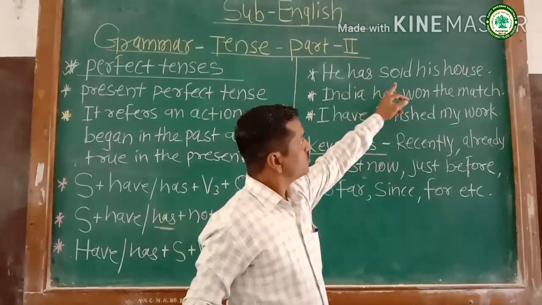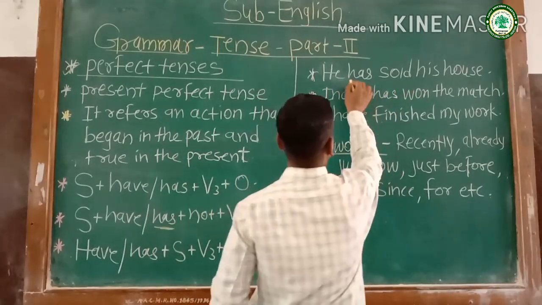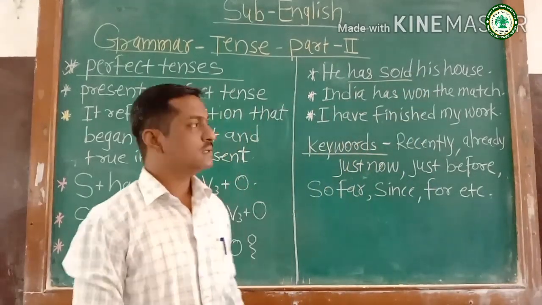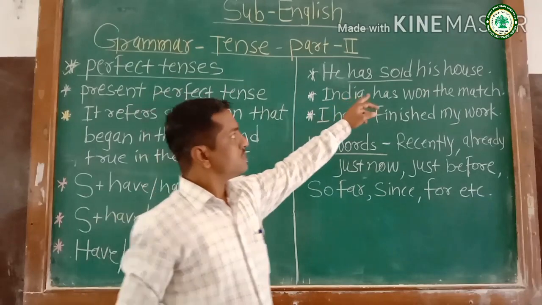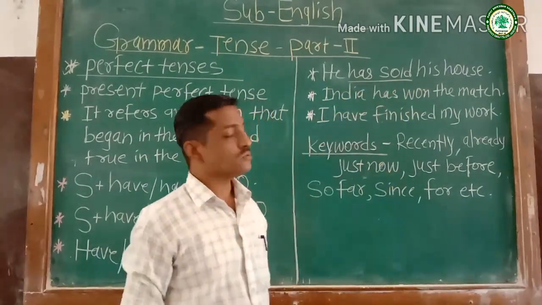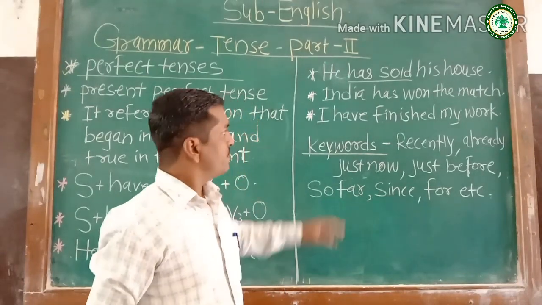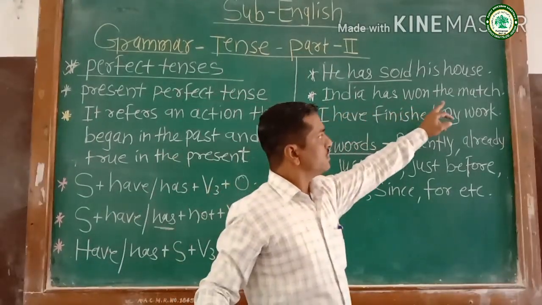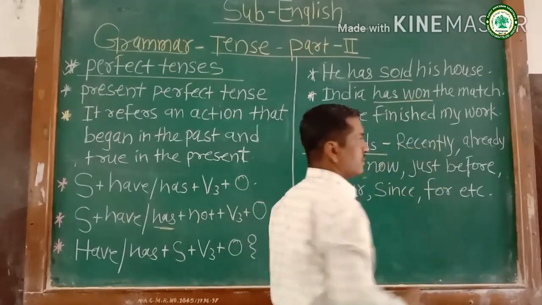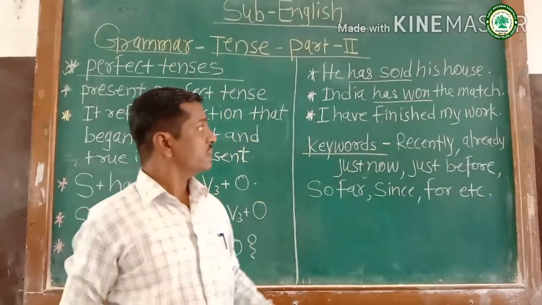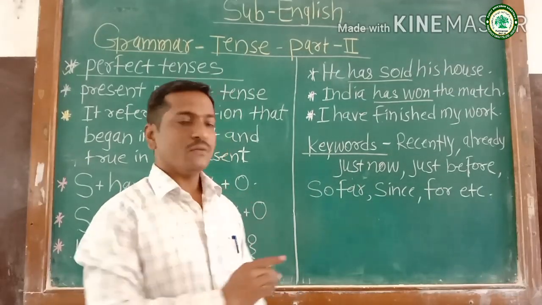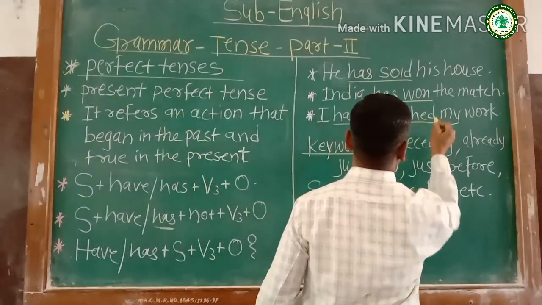He has sold his house. In this sentence, the action of selling is completed. Let's take another example. India has won the match. It means India has already won the match. Then, I have finished my work.